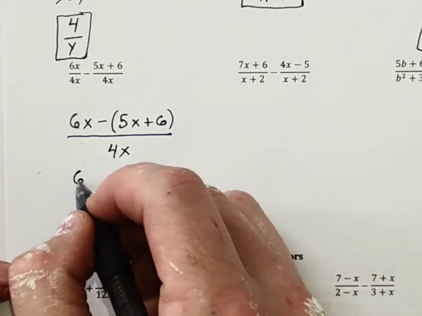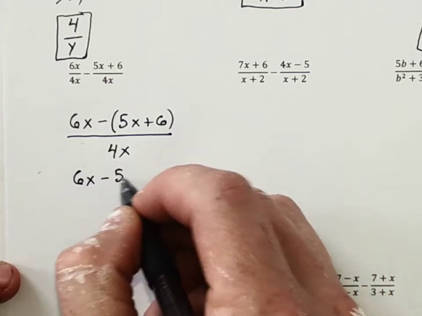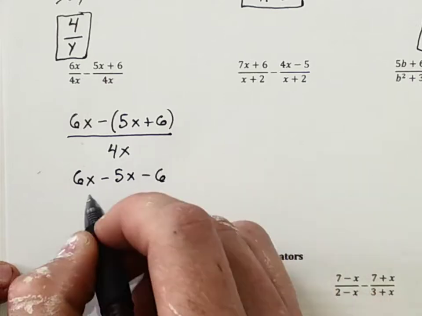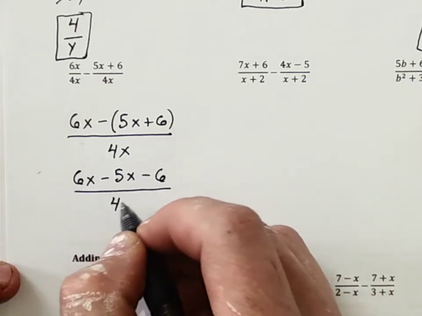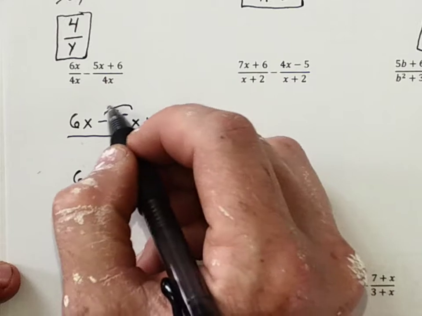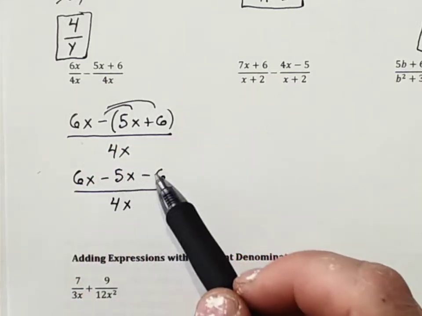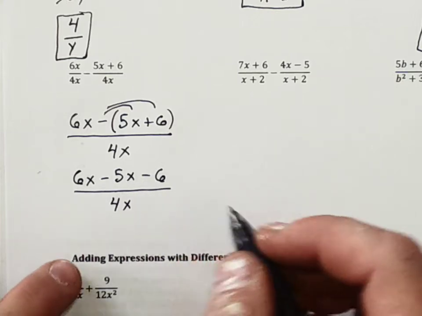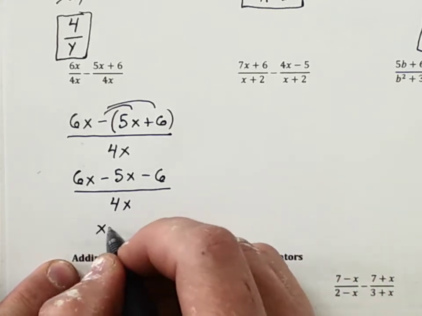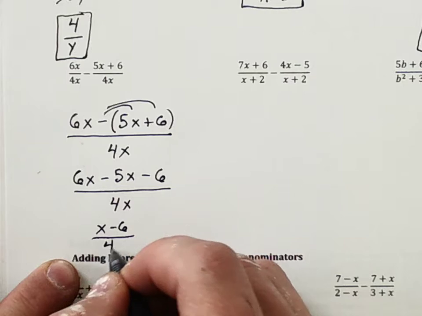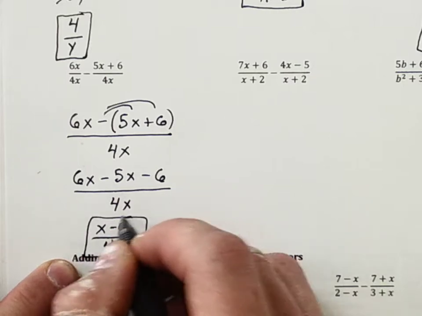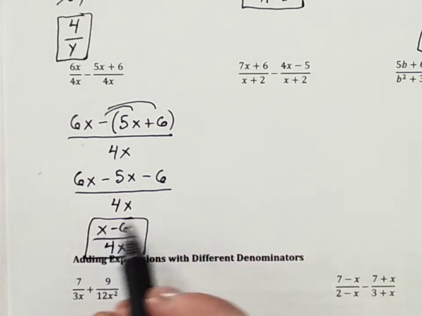So it is then 6x minus 5x minus 6 divided by 4x. You got to distribute that negative sign. Okay? So 6x minus 5x is just x. So we have x minus 6 over 4x. Nothing is in common in all of them, so nothing simplifies.